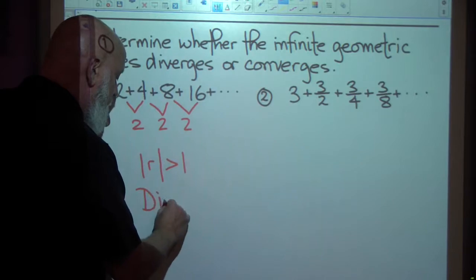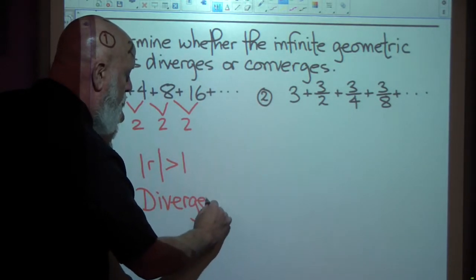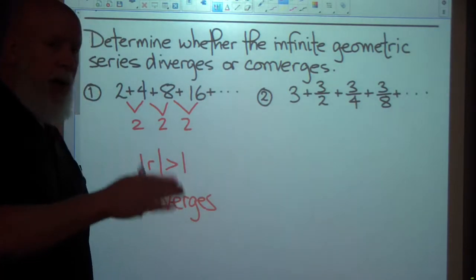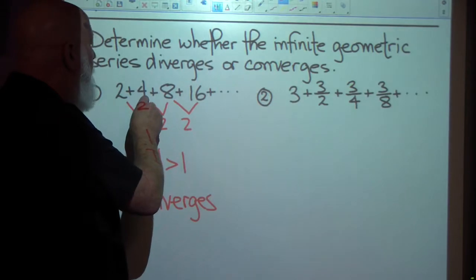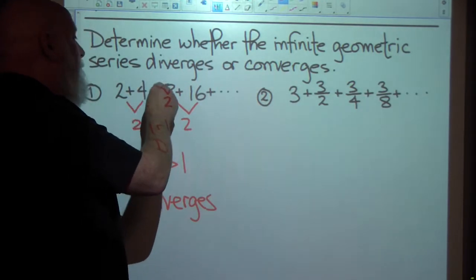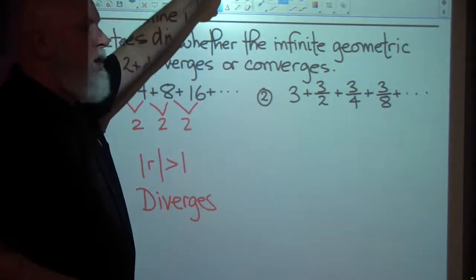It diverges. And if it diverges, you cannot find the sum. This will get infinitely larger and larger. If you add 2 plus 4, you'll get 6 plus 8 is 14, and so on and on. The number will just get larger and larger.